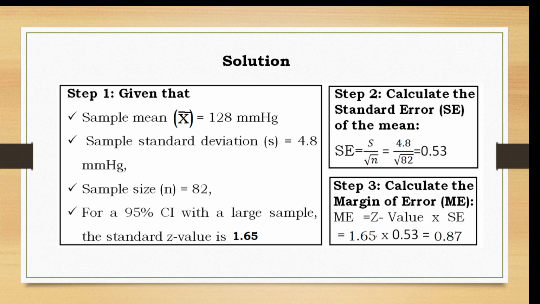First of all, you write down your data. The sample mean is given, the sample standard deviation is given, the sample size is given. And what is needed here is the corresponding Z value for a 95% confidence level. To get this corresponding Z value, we're going to find it from the Z distribution table.